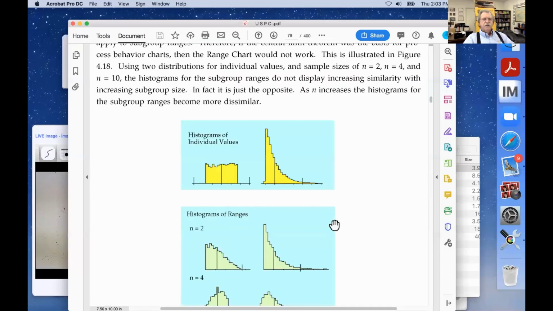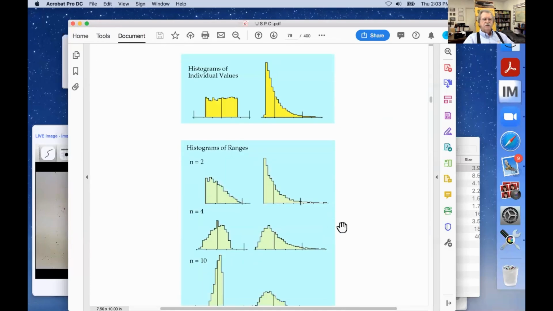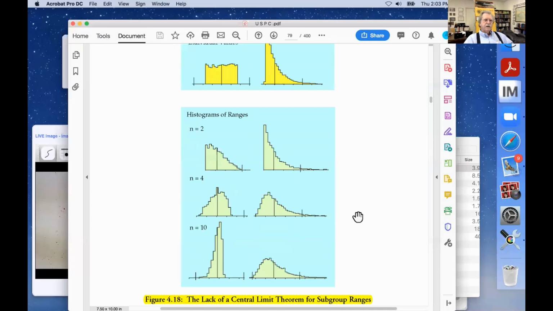But there is no central limit theorem, at least no strong central limit theorem, for measures of dispersion. So the histograms for the ranges do not converge in shape as n goes up. In fact, they diverge in shape. They have the greatest similarity when n equals 2.